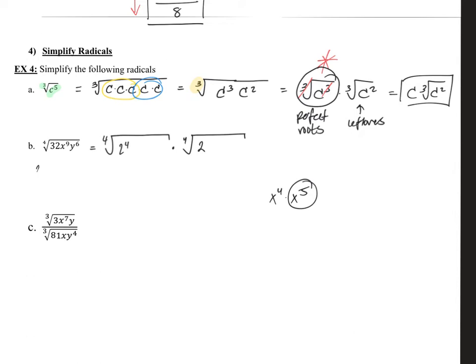So what I'm going to do is a mini division. How many times can 4 go into 9? Well, 4 can go into 9 2 times, and the leftover is 1.